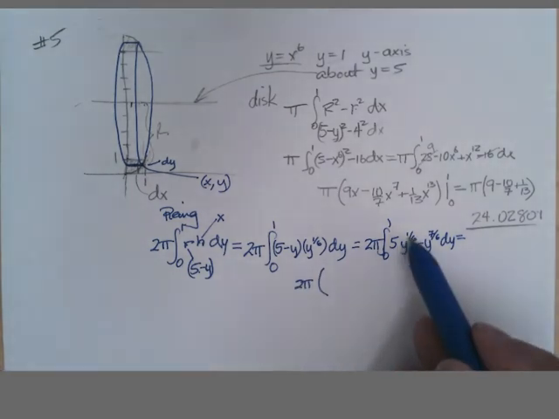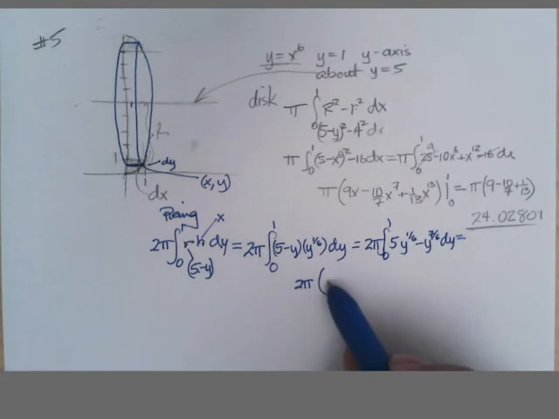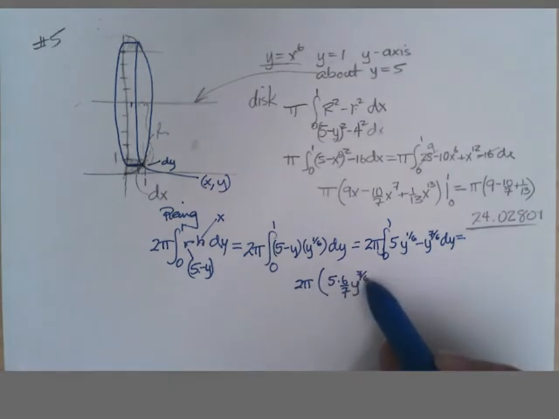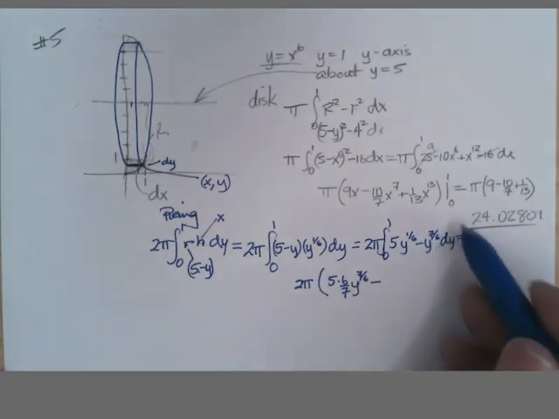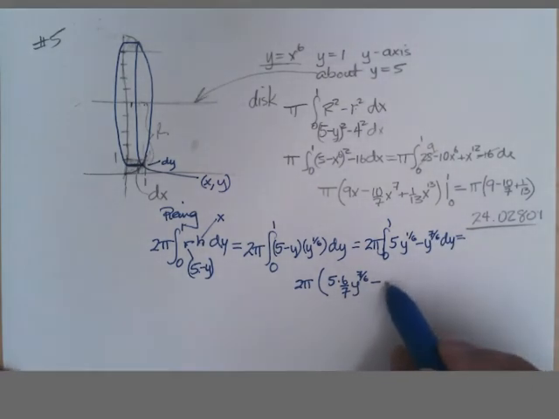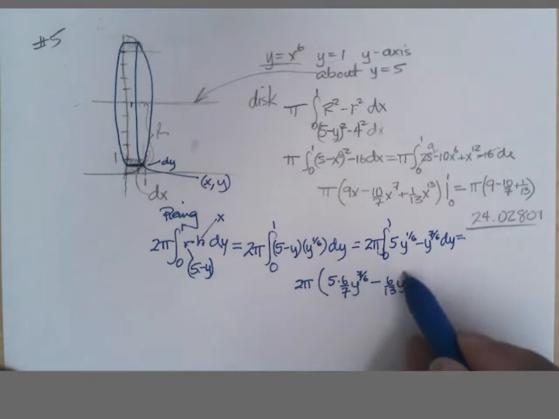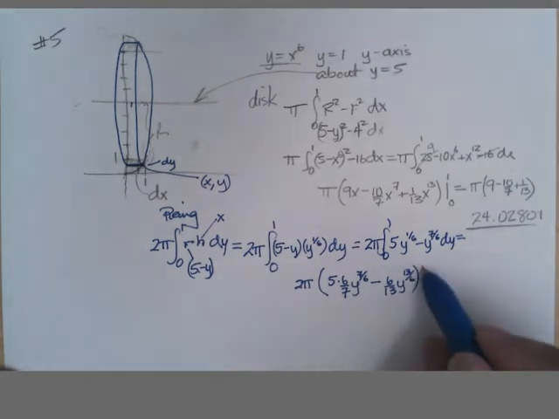So if I add 6/6 to 1/6, I get 7/6. So 5 times 6/7 y to the 7/6 minus, add 6/6 to 7/6, we get 13/6, so we get 6/13 y to the 13/6, evaluated from 0 to 1.